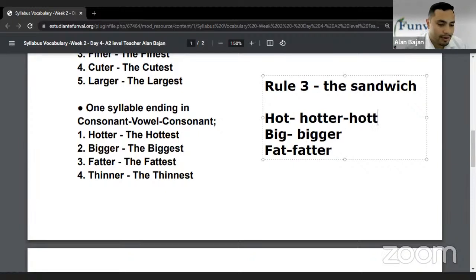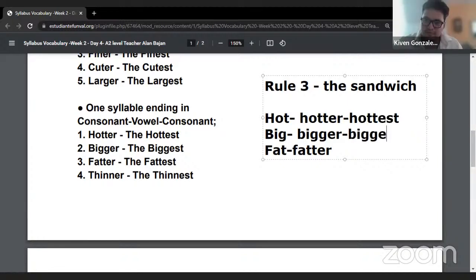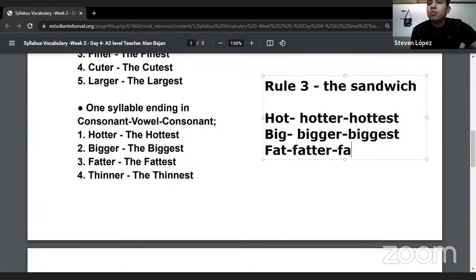Superlative, hottest. What is the superlative of big, class? Biggest. What about fat? Fattest.